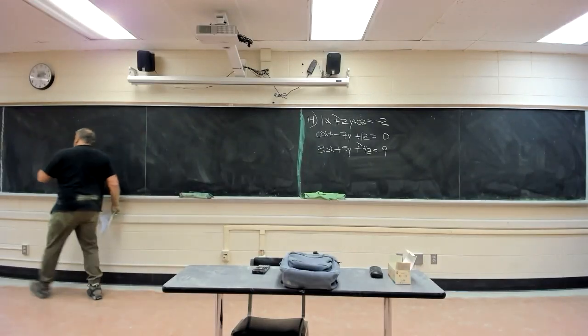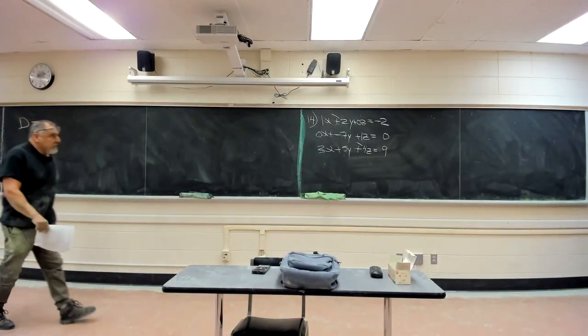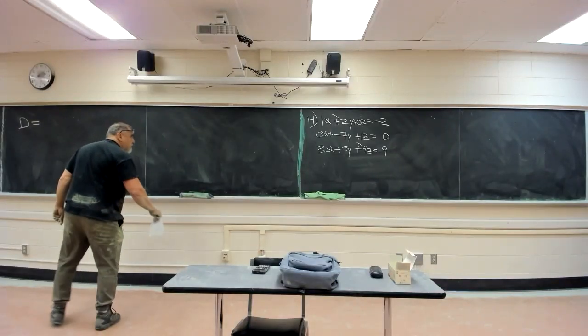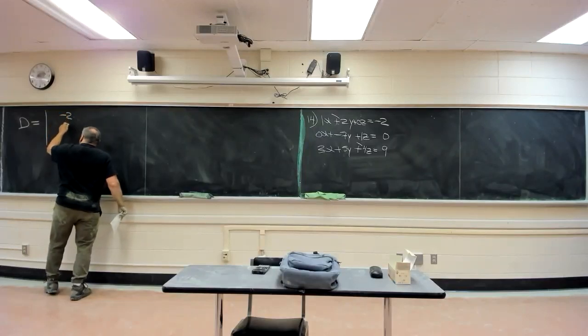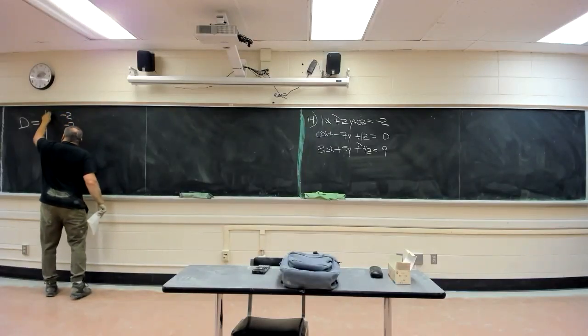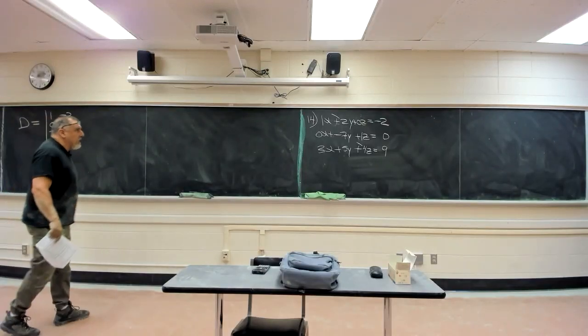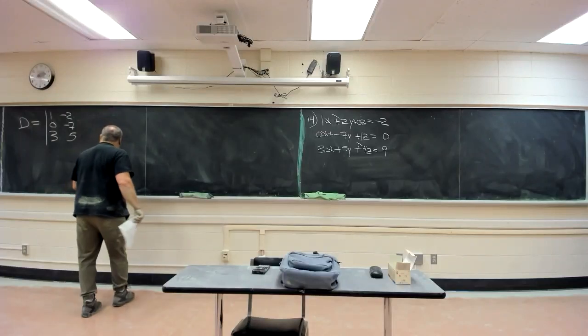For number 14, the D, just go down the line now. First column, 1, 0, 3, -2, -7, 5, 0, 1, -4.